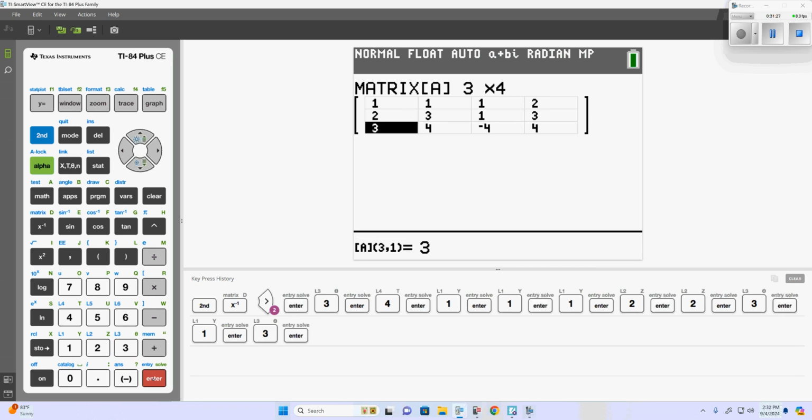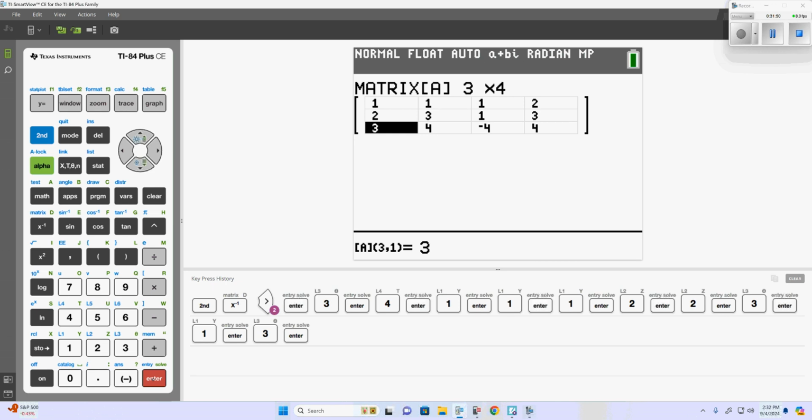So let's start all the way over here. Hit 1, enter, and then 1, enter.